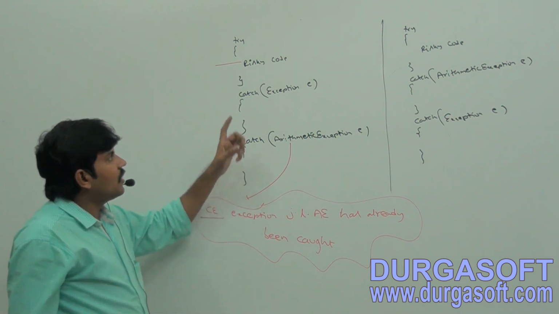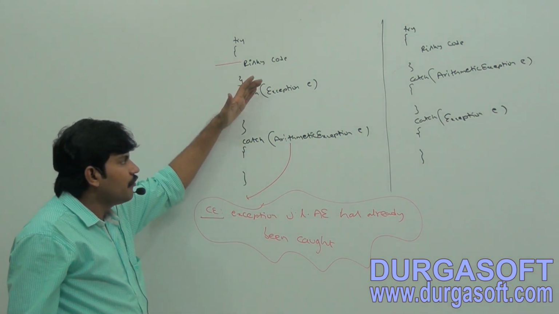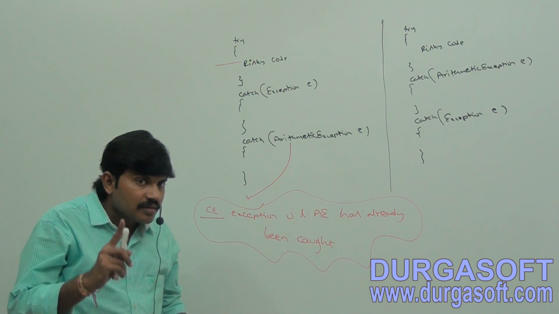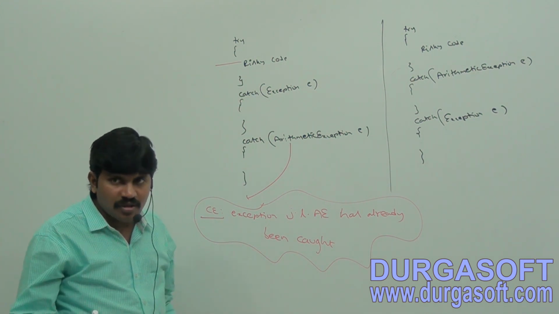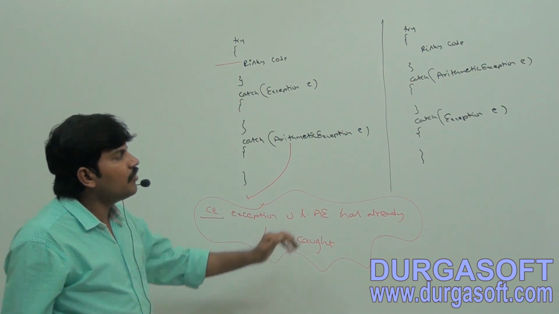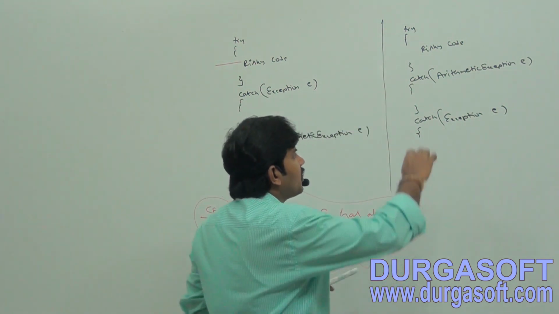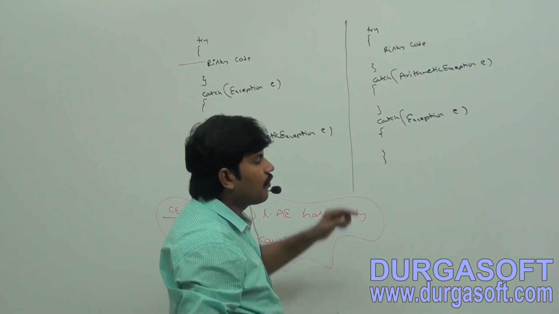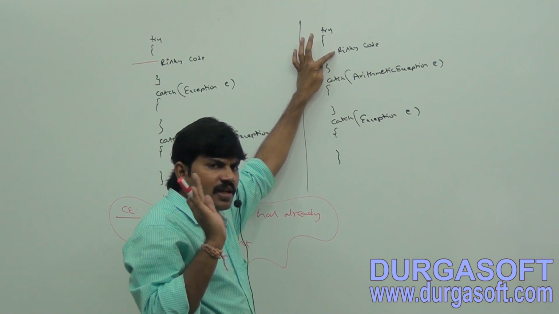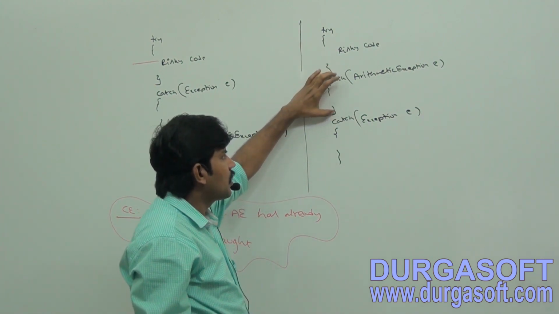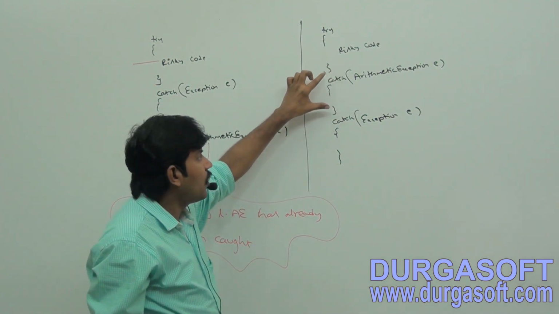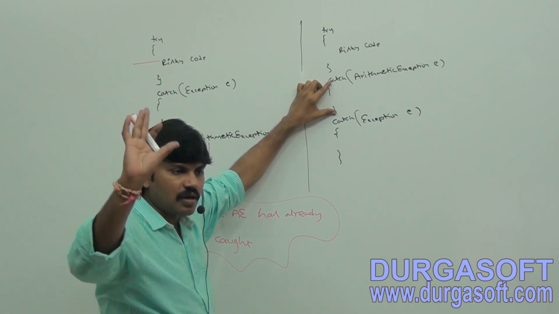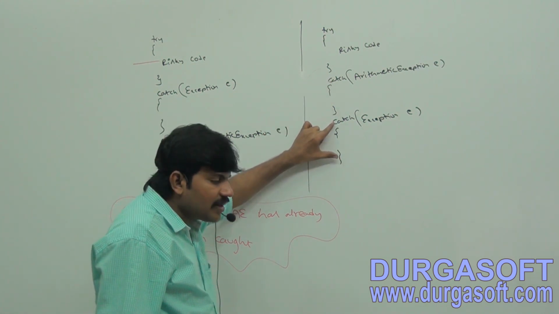So if a try with multiple catch blocks is there, then the order of catch blocks is also important. Now say, sir, a null pointer exception came. Immediately my JVM will ask, can you handle null pointer or not? No boss, I can't handle. Then the next: can you handle or not?